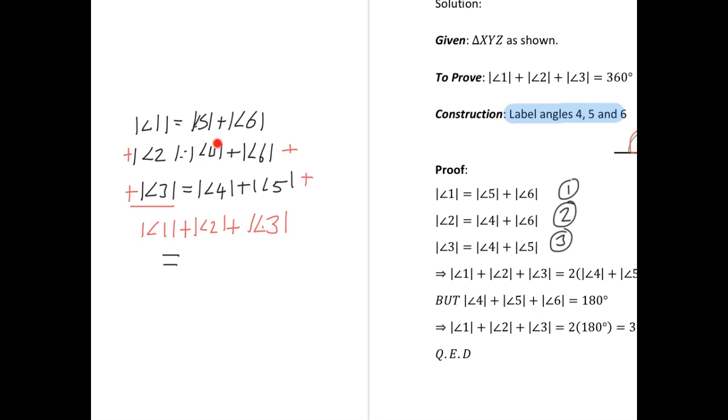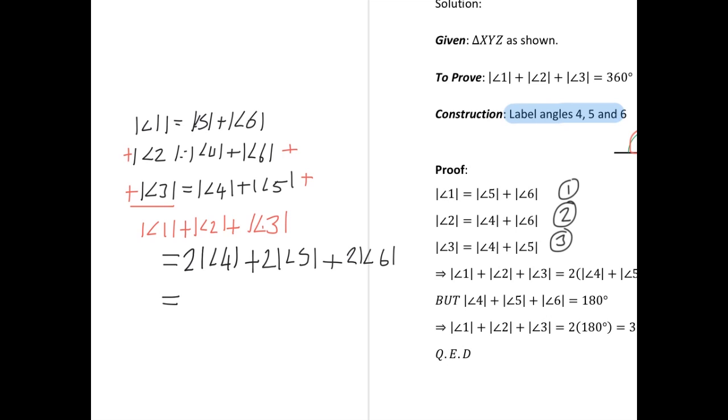an angle 4 plus an angle 4. So we have 2 times the angle 4, plus we have an angle 5 plus an angle 5, so we have plus 2 times the angle 5, plus the angle 6 plus the angle 6, so we have 2 times the angle 6.